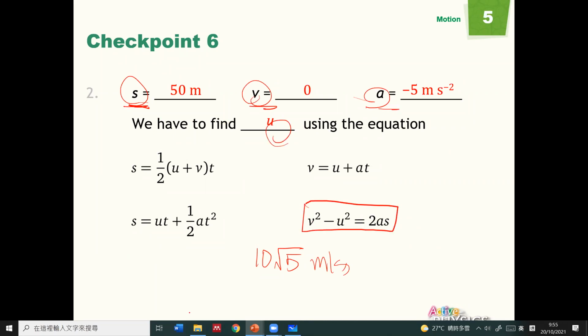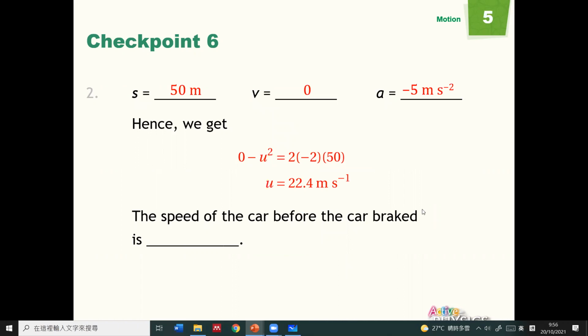V squared minus U squared equals 2AS. So V is 0. And A is supposed to be 5.